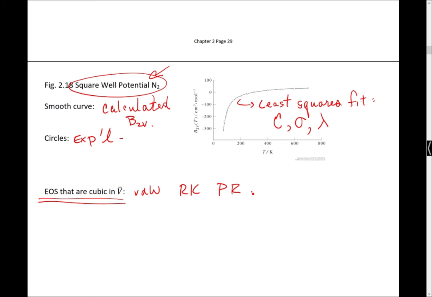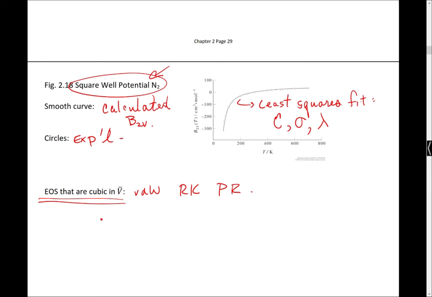Because we have these parameters A and B, alpha and beta, in each of these, we know B is related to the size or repulsive interactions, and A is related to the attractive interactions. That tells us that we should see a relationship between those parameters and the second virial coefficient.